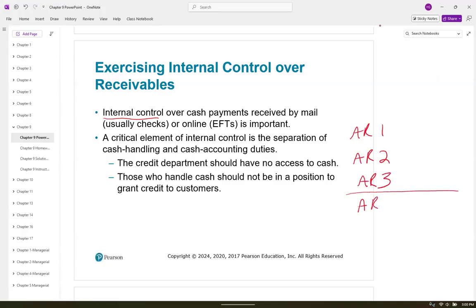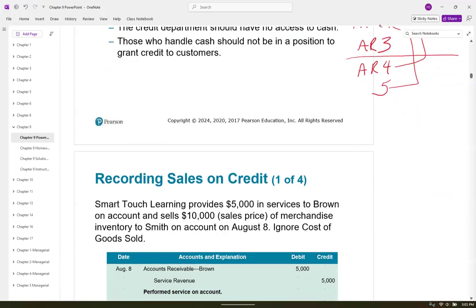So when the money comes in for the fourth one, they'll apply it to the first one. And then when the fifth one comes in, they'll come back up here and apply it to the second. This is why I said the person who's never taken a vacation day in 20 or 30 years would be my suspect number one, because they have to be there to continually cover up this fraud. So internal control over accounts receivable is very, very important.